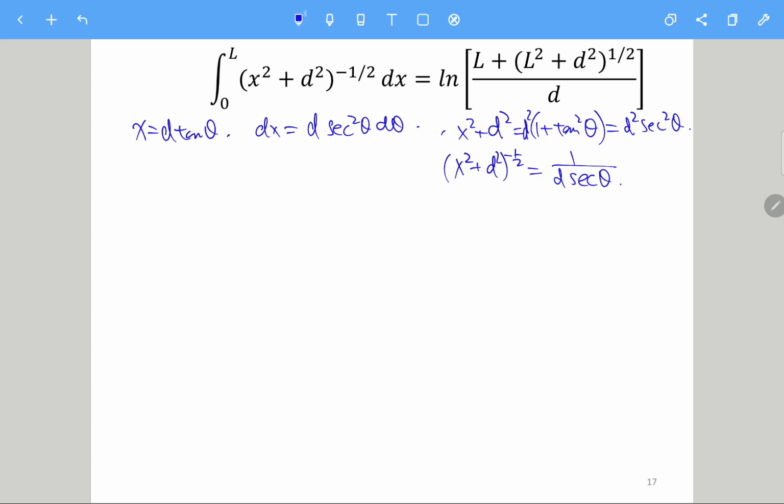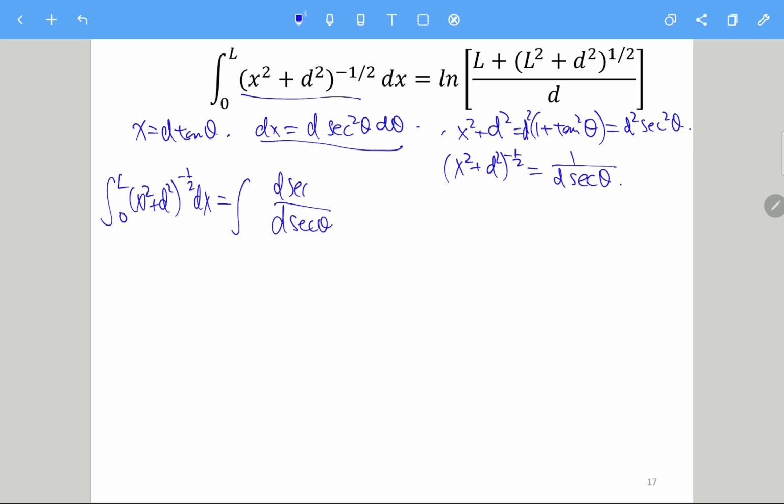So in this case, the original integration becomes d secant theta inverse, and dx is d secant squared theta d theta. We cancel d, and then we leave the lower and upper bound.